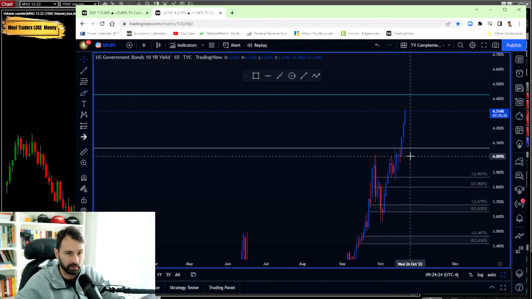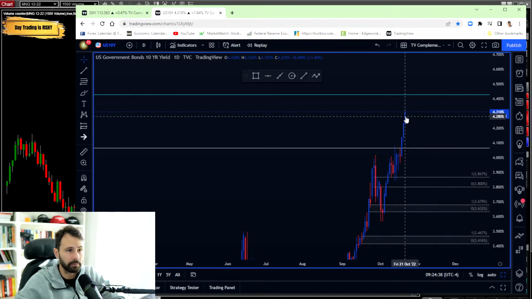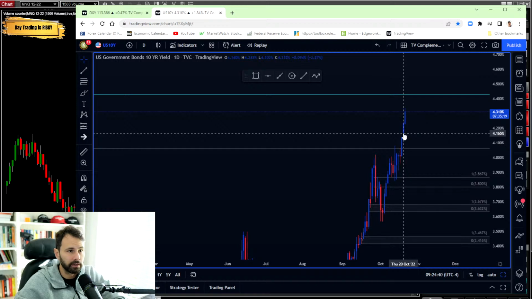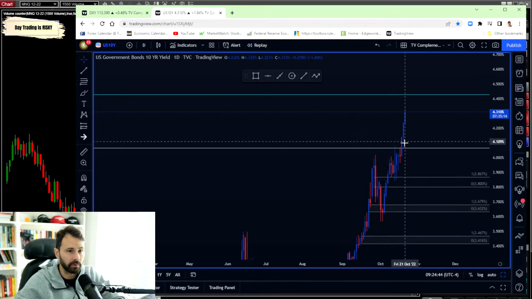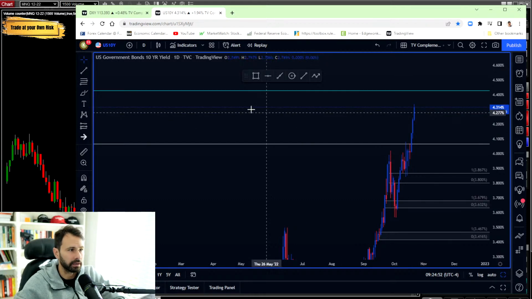This is bad not only for the market, it is bad for the overall environment in the economy. From 4% to 4.31, 30 basis points. So just today we're going up 2%. Yesterday 4%, 2%, that adds up to 4% in 2 days. 7% in 3 days. So this is not a typical movement in the bond yields.